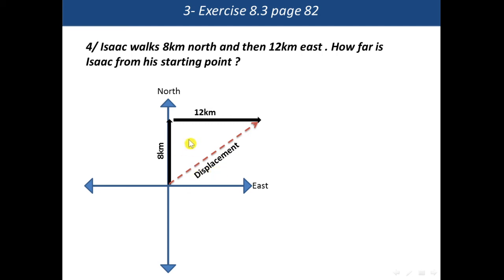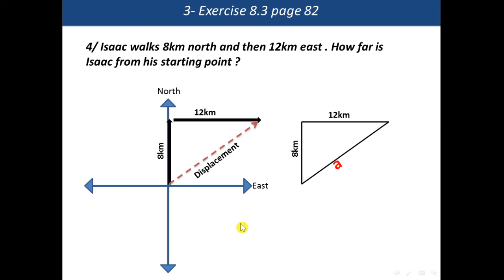Why? Because here is the right angle. Do you see that? After 8 kilometers, he changed direction to exactly east. So the angle here is 90, and the displacement is facing the 90 degree angle. It looks just like this triangle now. This side is 12 kilometers, and this movement from Isaac is 8 kilometers, and the displacement corresponds to A. So do you see this triangle? It looks like the movement of Mr. Isaac.